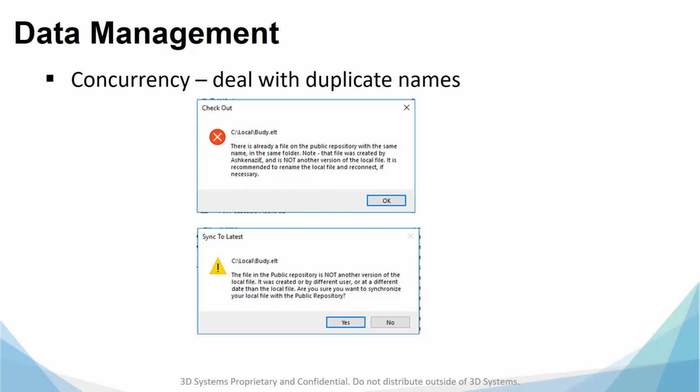Note, the file was created by the user. In this message, it's my name, and it is not another version of the local file. It is recommended to rename the local file and reconnect it. So this is how we deal with a different file with the same name in concurrency in version 15.